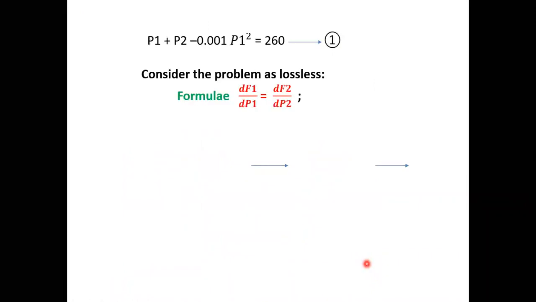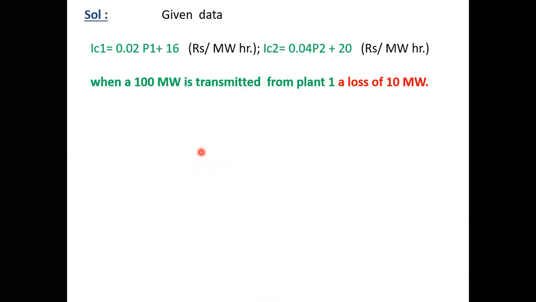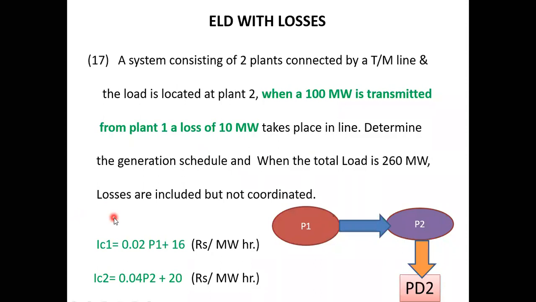So this is one equation. Then consider one more formula, that is df1 by dp1 is equal to df2 by dp2. Here the point is to consider the problem as lossless. Why are we considering the problem as lossless? Just observe this line.